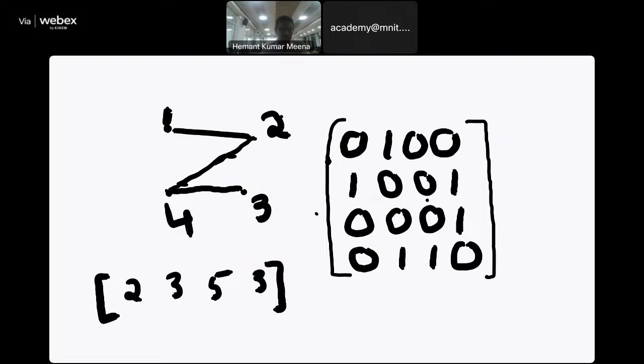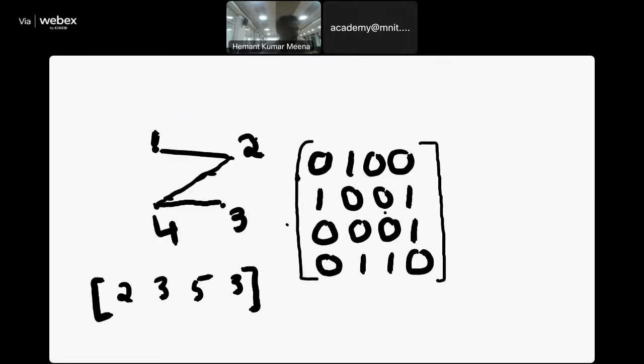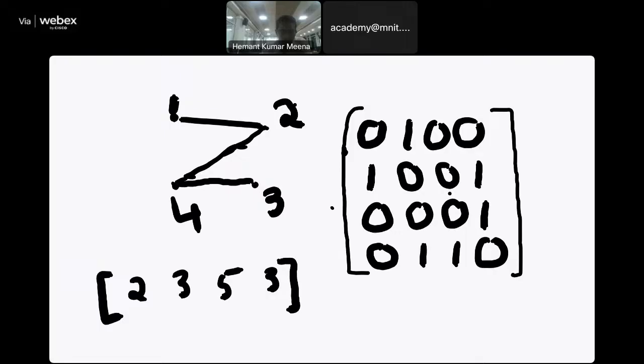Okay, so we move again to the slide board. I have to interchange between the slide and here. So any question? Now we take up another case.